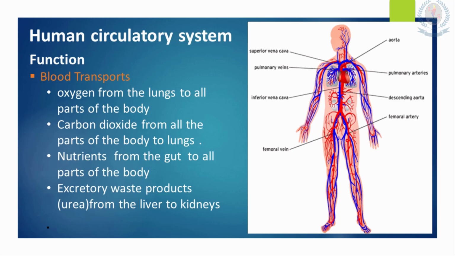Now let's see what things the blood carries. The first one is oxygen, from the lungs to all parts of the body, and carbon dioxide from all parts of the body to the lungs, and nutrients from the gut to all parts of the body, and excretory waste products from the liver to the kidneys.